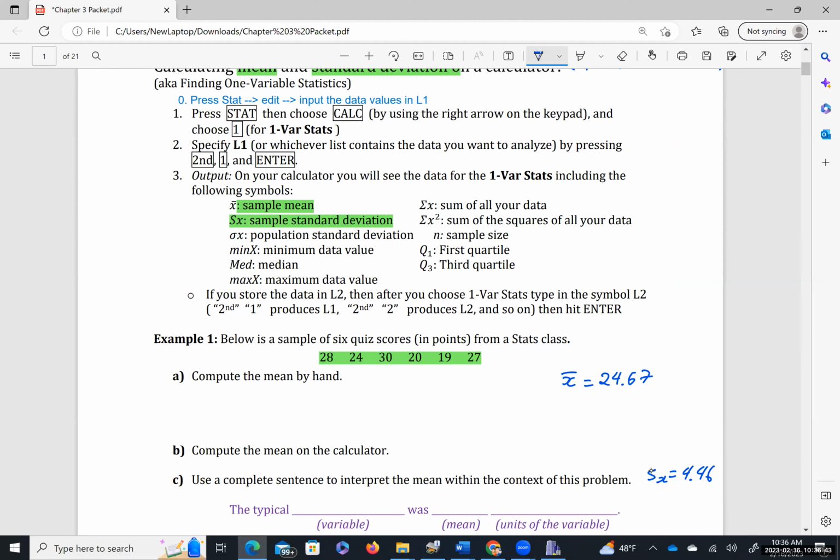Okay, so let's compute the mean by hand and see if it's the same.